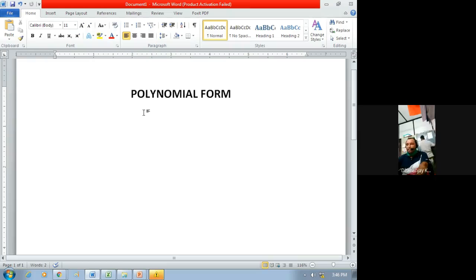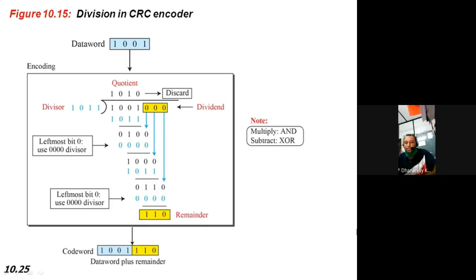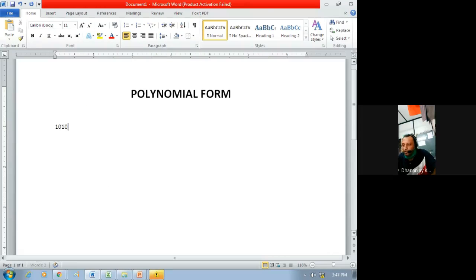Now, can anybody tell me what the polynomial form is here? Let us say we have used a divisor like the one we used earlier, 1011. So if the binary value for the divisor is 1011, then how do you represent it in the form of a polynomial?